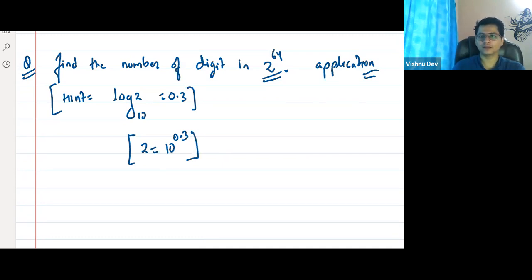So can I say that 2 to the power 64 is basically 10 to the power 0.3, whole power 64? Yes or no? See how easy this is. Now, 10 to the power 0.3 into 64.